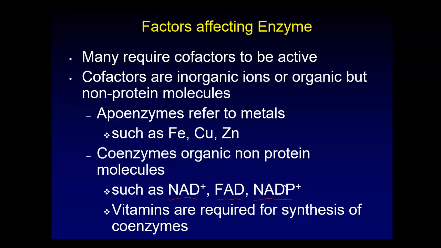We said their job is to transport hydrogen ions and electrons during these chemical reactions. Nicotinamide adenine dinucleotide and FAD, both of these first two, will be used during cellular respiration, and then the last one listed will be used during photosynthesis. But we'll talk more about these a little later.